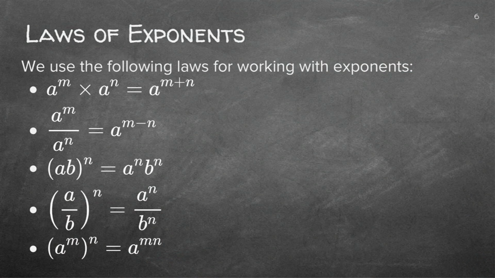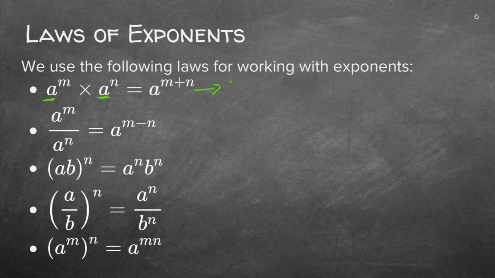I have this law that says if you have a to the power of m, multiplied by a to the power of n, it is the same as a to the power of m plus n. So guys, in simple terms, if you have the same bases multiplying, you simply add the exponents.